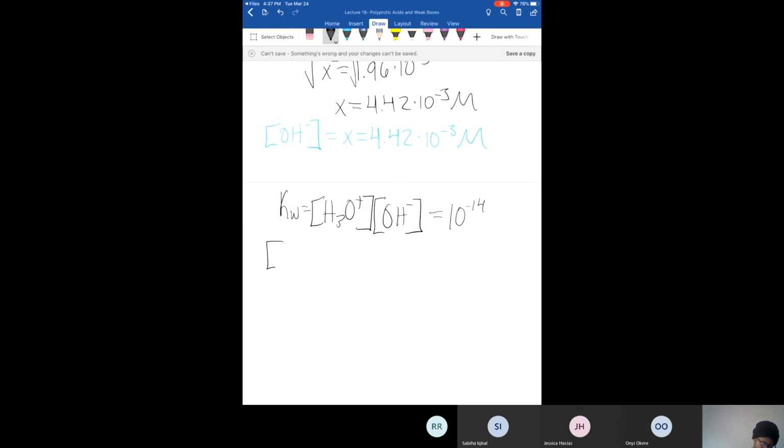So solving for H3O plus concentration, it's going to be 10 to the negative 14 divided by 4.42 times 10 to the negative 3, your OH minus concentration.